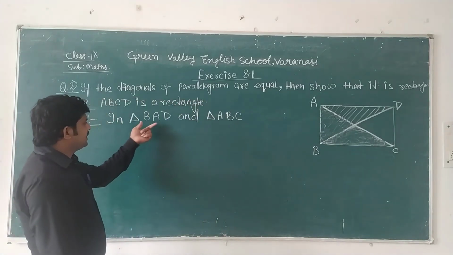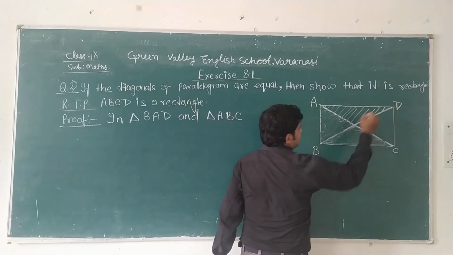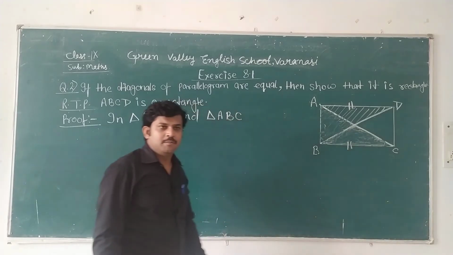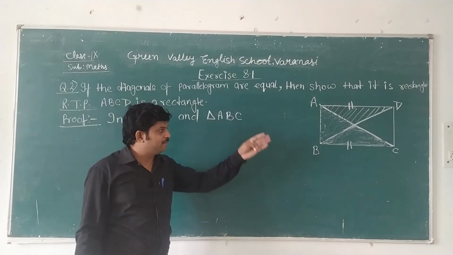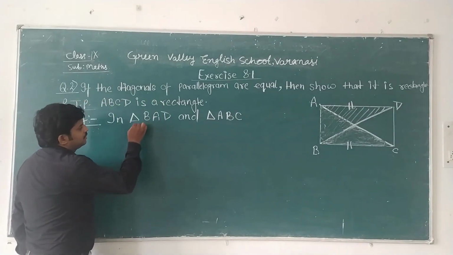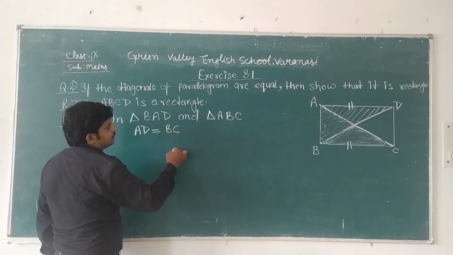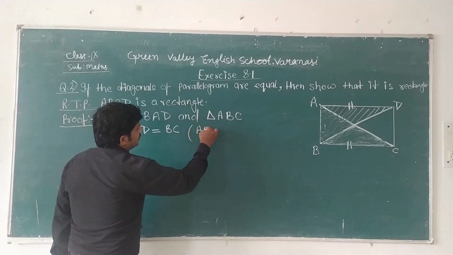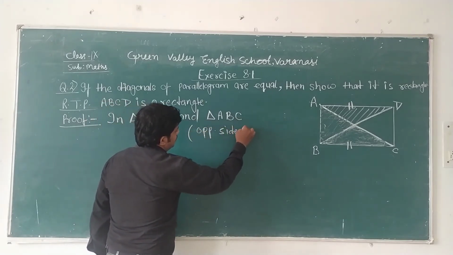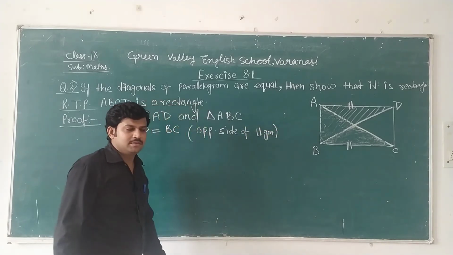So in triangle BAD, AD is equal to BC, because ABCD is a parallelogram and opposite sides are equal. We write AD is equal to BC, opposite sides of a parallelogram.